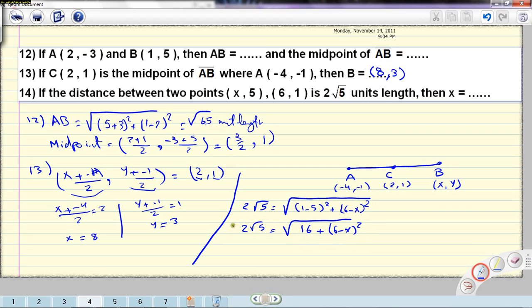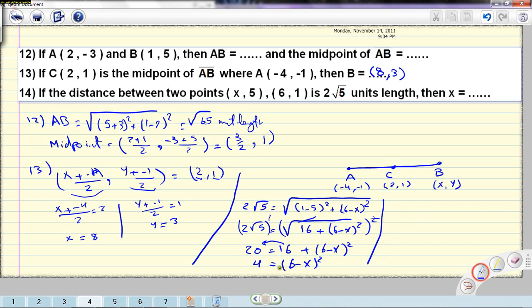And we square both sides, so the power 2 will cancel the square root. On the calculator, 2 squared is 4 times 5, so it's 20, equals 16 plus (6 minus x) to the power of 2. I move 16 to the other side, so the answer is 4 equals (6 minus x) to the power of 2.